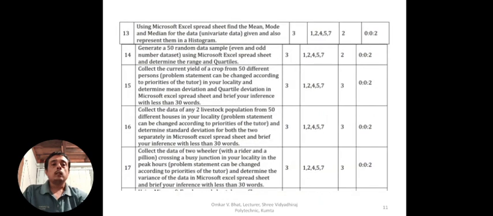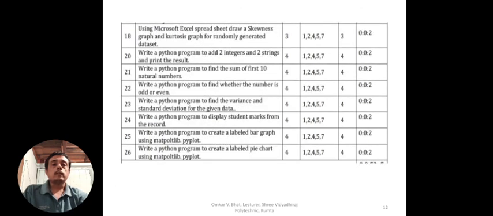Then serial number 13 to 18, they are from unit number 3. They are also conducted using Microsoft Excel. Then exercise number 20 to 26, they are from unit number 4. They are Python programming. So totally there are 26 exercises. These 26 exercises you have to execute in lab.